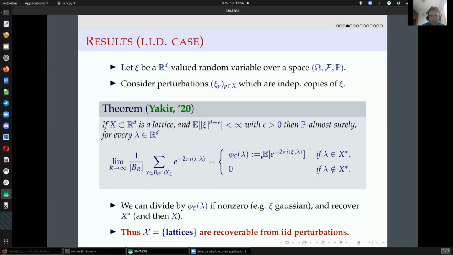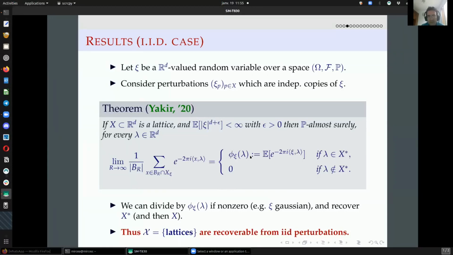So this is a formula about the Fourier transform of my random set, but it also implies a recovery result, for example in the case where phi c is always non-zero. For example, if c is Gaussian distributed, this happens because the exponential is never 0.